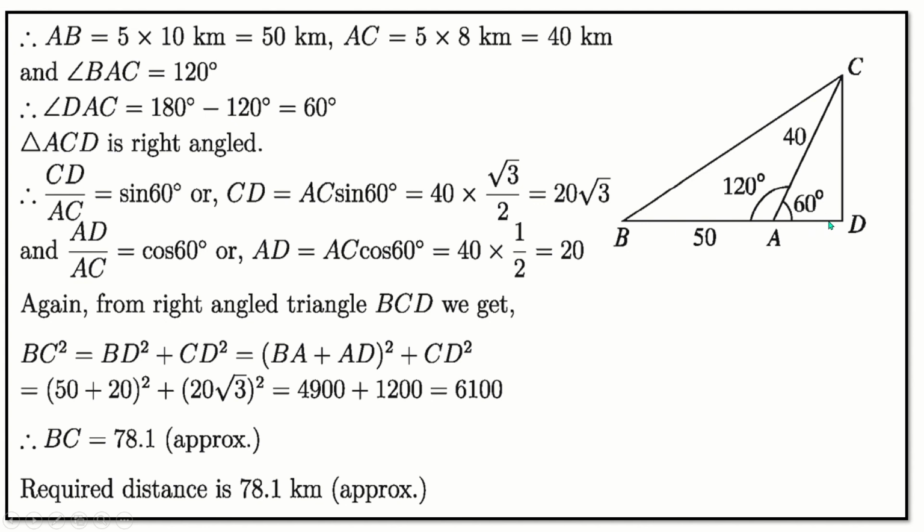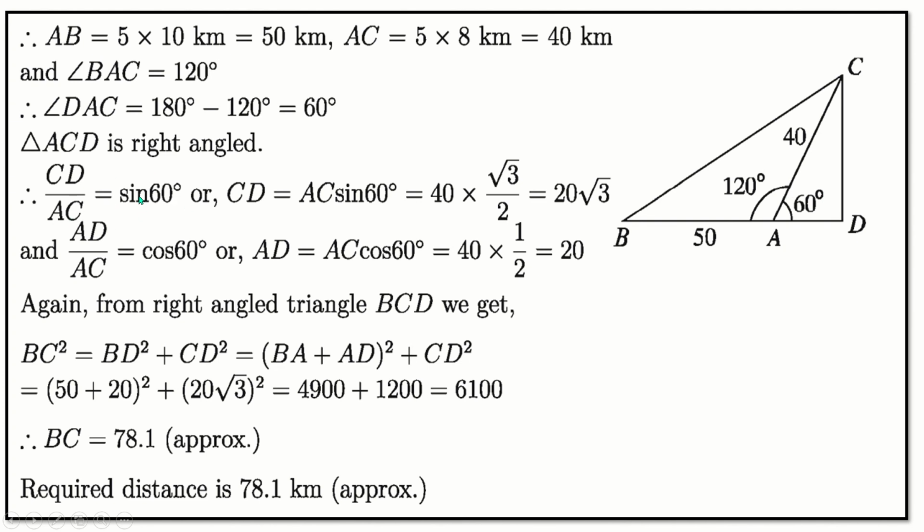We can write CD by AC, that means opposite side divided by hypotenuse. This is equal to sine of the given angle, as here the given angle is 60 degrees, so CD by AC is equal to sine 60 degrees.